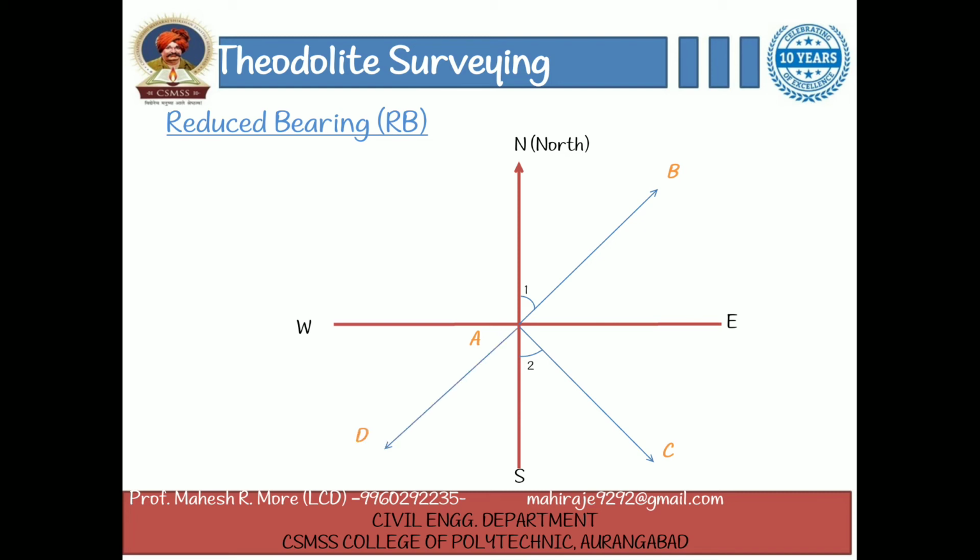In the third quadrant, the reduced bearing of line AD is with respect to south pole in clockwise direction, and the last one, in the fourth quadrant, the reduced bearing of AE is measured with respect to north pole in anti-clockwise direction. In a similar manner, we can measure reduced bearing in all quadrants.